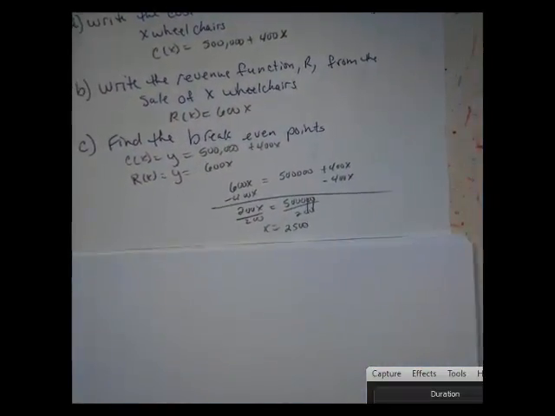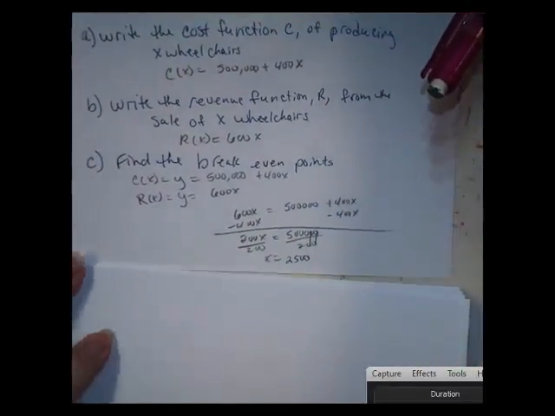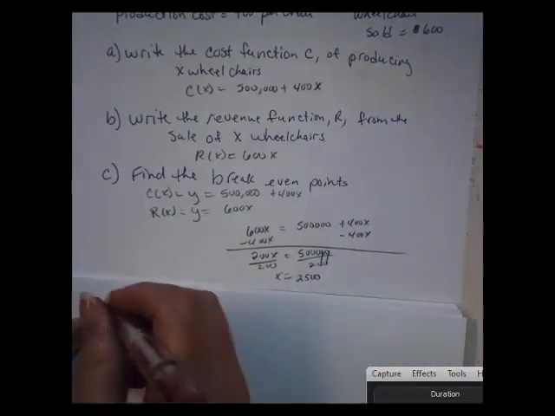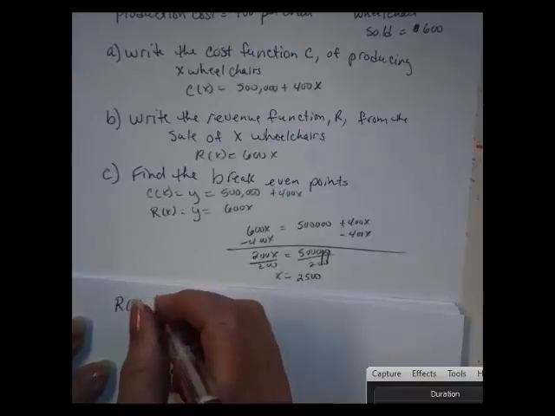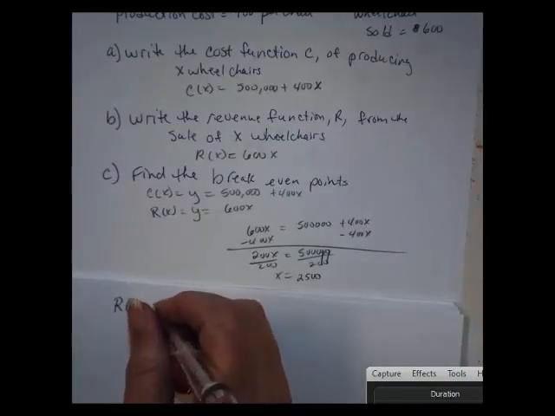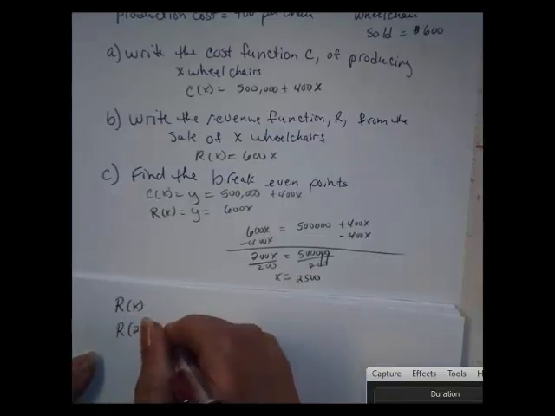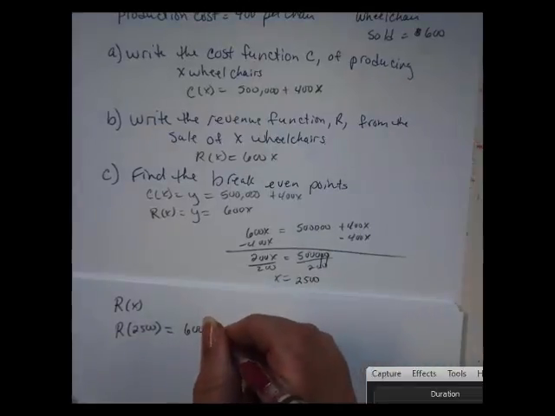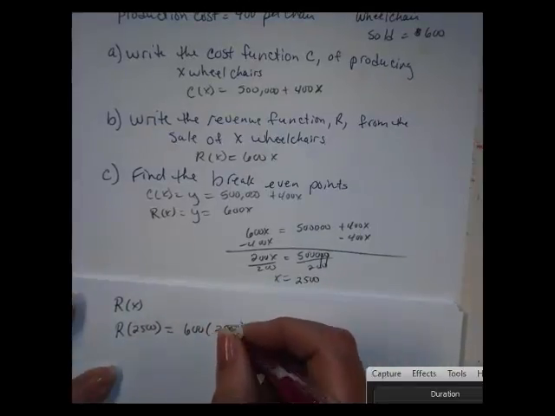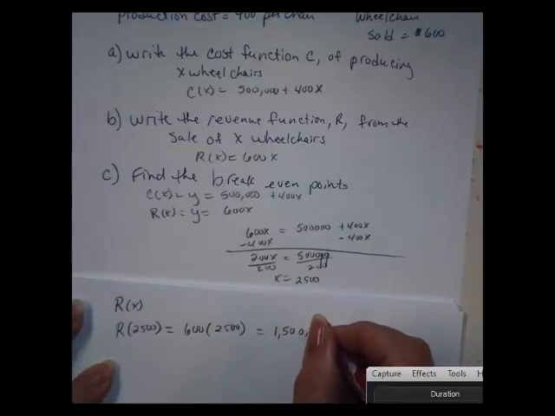So we will take R of X and we're going to plug in that 2,500. So we're going to actually do R of 2,500 is equal to 600 times our X, which is 2,500. And when you do the math on that, you're actually going to get 1,500,000.